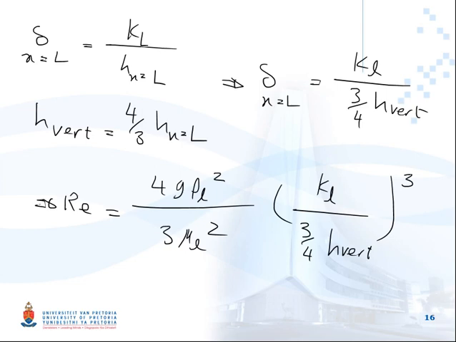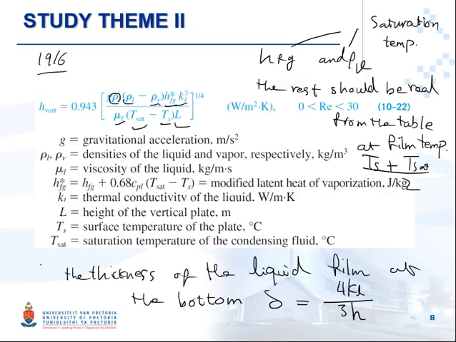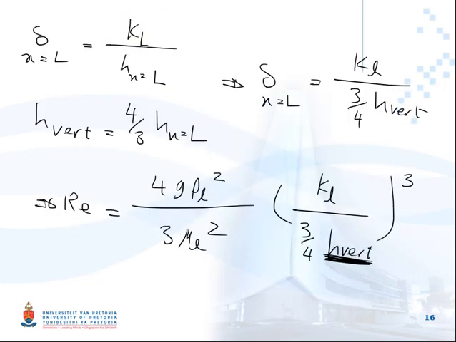If we put these two into h vertical, because we have the correlation for h vertical, as you can see here, finally we will have this correlation for Reynolds. Sorry, for this vertical.